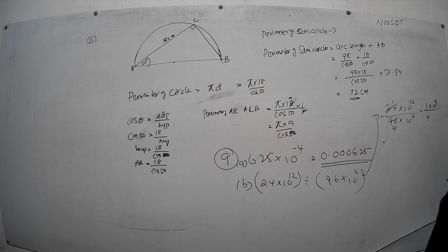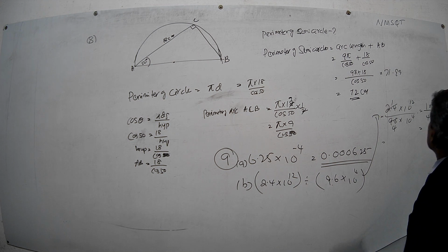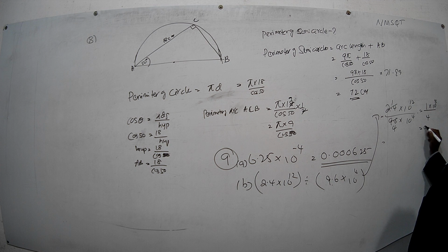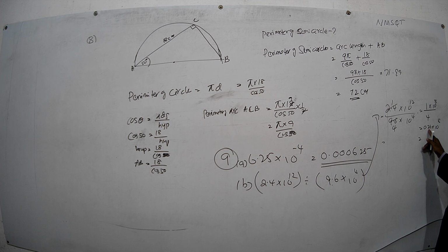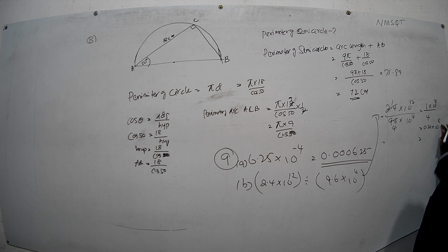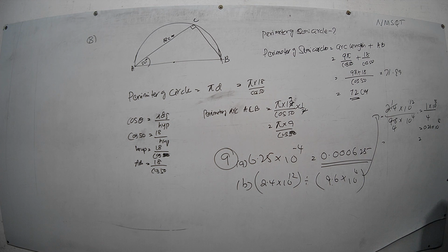Now 10 to the power 8 into 1. Then what you do? You can divide this 1 by 4, that is 0.25 into 10 to the power 8. This is not a standard form. You convert one decimal place into a whole number, then the power will reduce by 1.